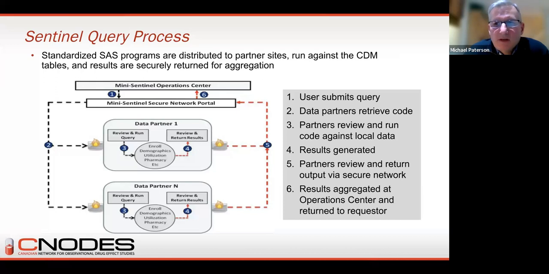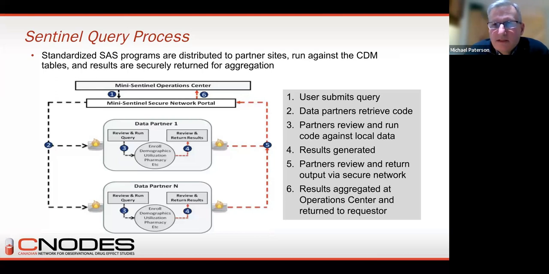Once that's run successfully and the results are as expected, the package is then distributed to all of the data partners, and the Sentinel system involves 18 or 19 different data partners, and they're all primed and ready to receive the package and run it against the local versions of the common data tables in step 3.